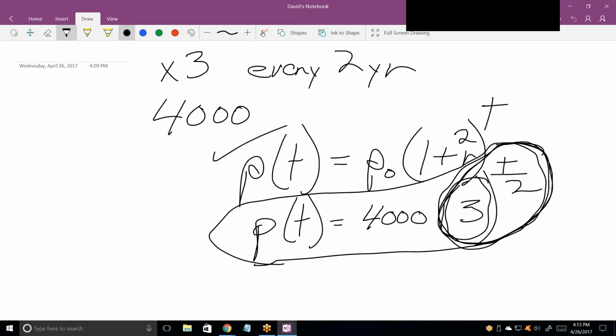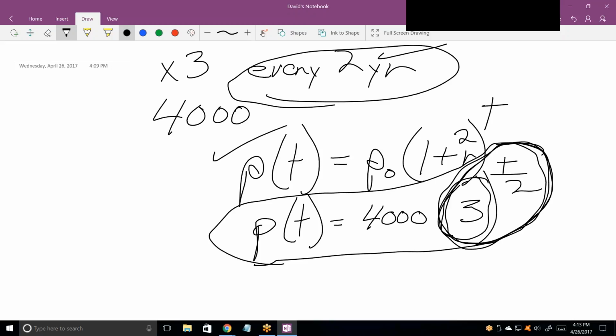But these are kind of unusual problems because usually t is in years, not 2-year increments. And whenever it's doing something like that, that's an indication that you need to divide by that much.